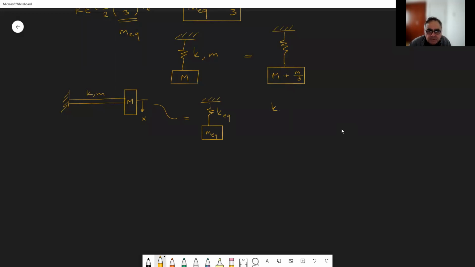We found that, as you might remember, the K equivalent was 3EI over L cubed in the previous example. The equivalent mass, well, I'm not going to derive it.